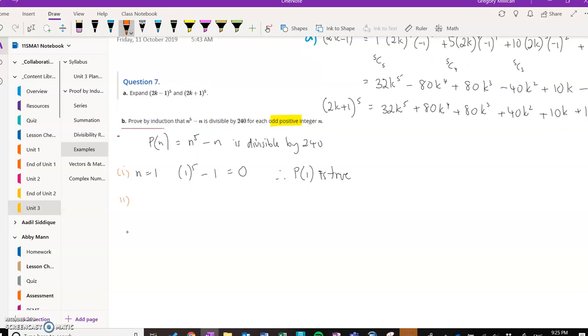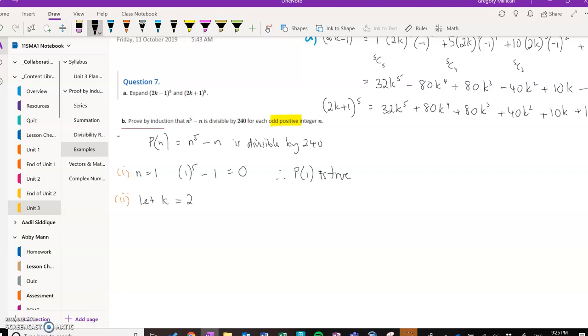The second part of the induction proof is that we're going to say it's true for a value of k. So we're going to let k be a natural number, but it needs to be odd.